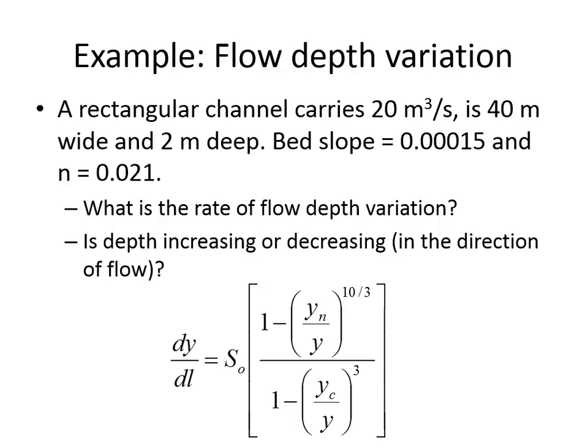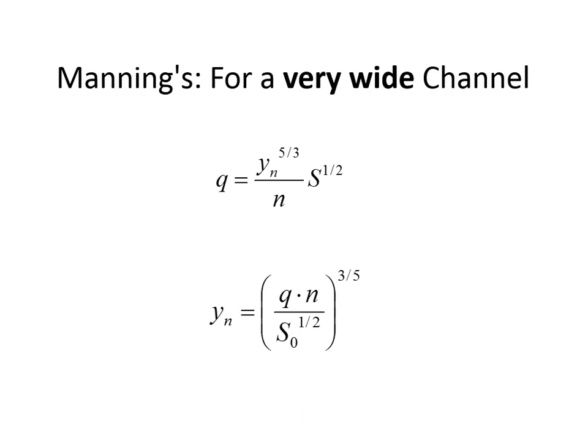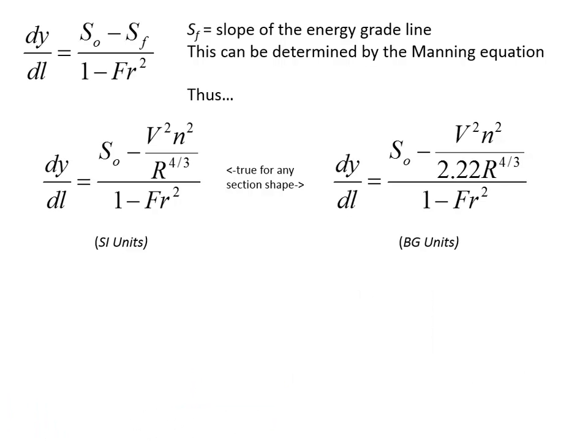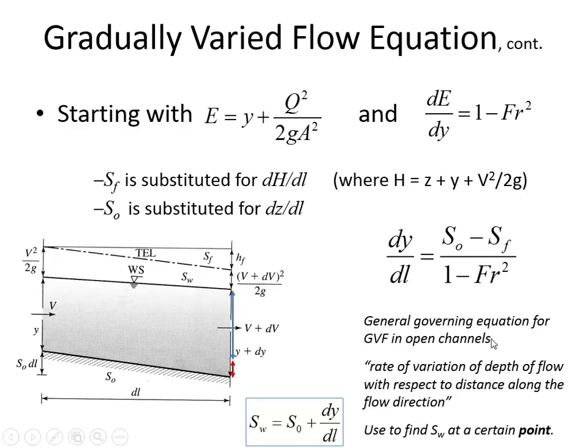Questions with the calculation or interpretation part up till here? To relate the channel bottom? Yeah, yeah. It goes back to here. If we want to know the slope of the water surface relative to horizontal, SW, you would add the channel slope and the water surface slope.